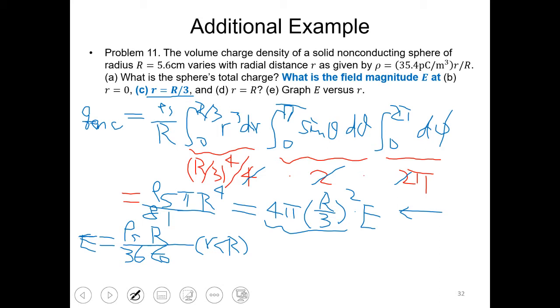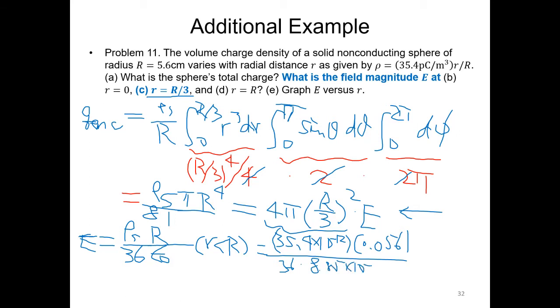Then we substitute all the numbers inside. We have rho S equals 35.4 times 10 to the minus 12, R is 5.6 centimeters, which is 0.056, all over 36 times epsilon naught, which is 8.85 times 10 to the minus 12.